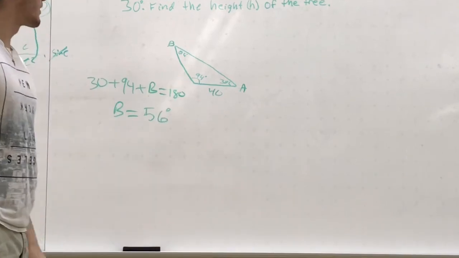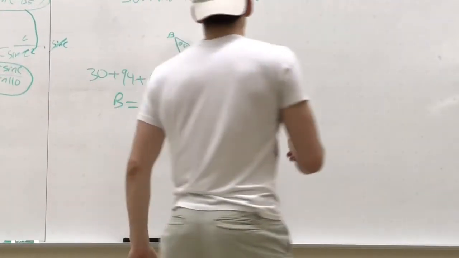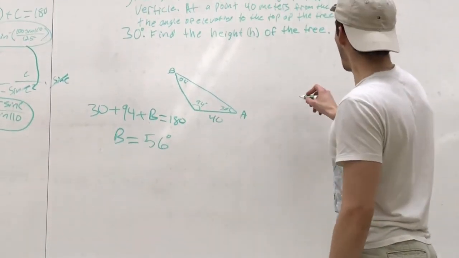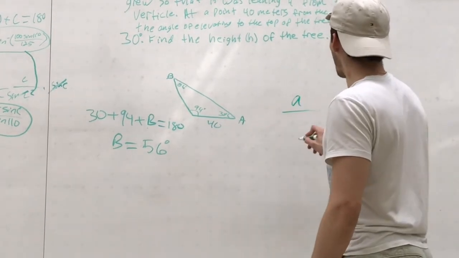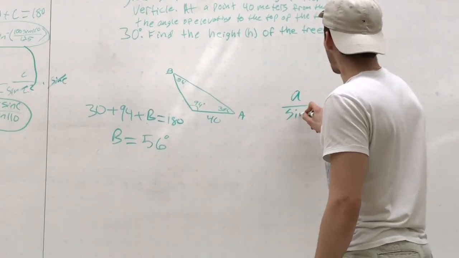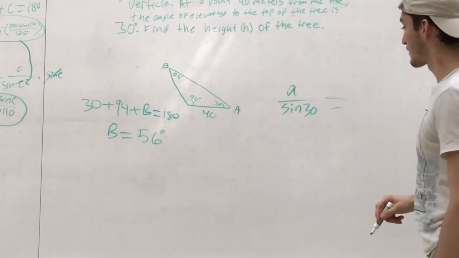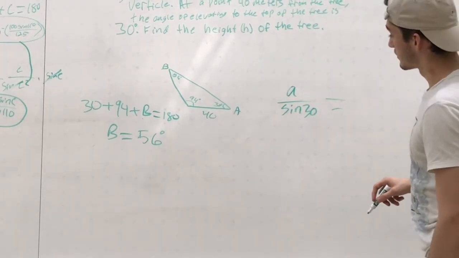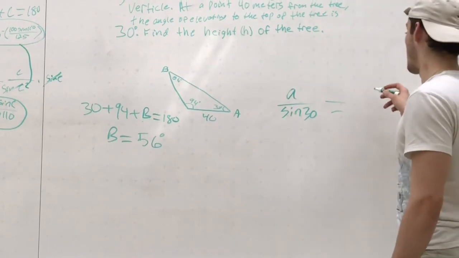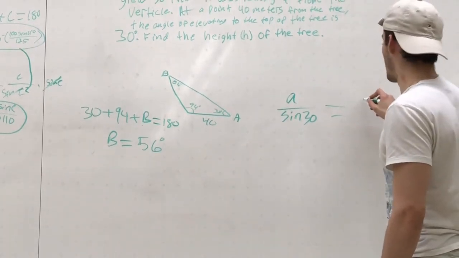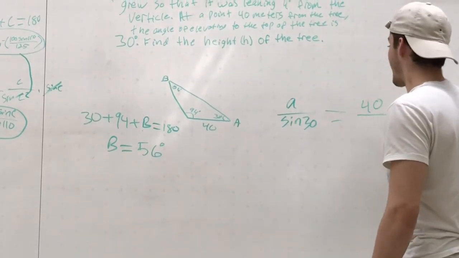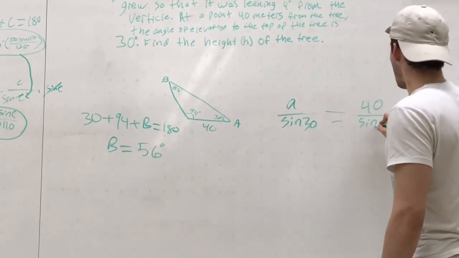All right. Now that you have all of the angles, you can move on to solve for this side. So we can do a over the sine of 30 degrees equals b, which would be the 40, over sine of B, which would be the sine of 56.